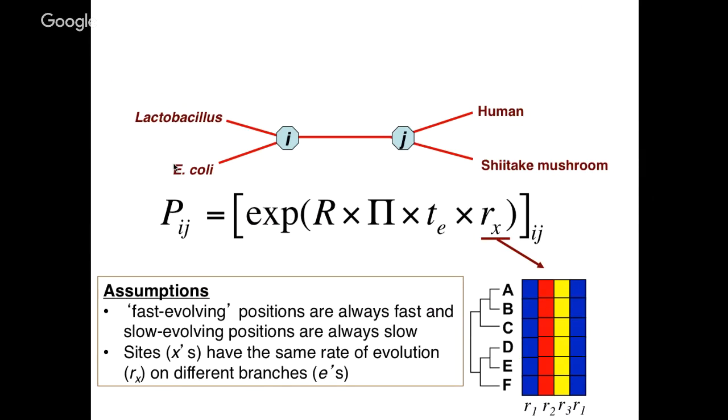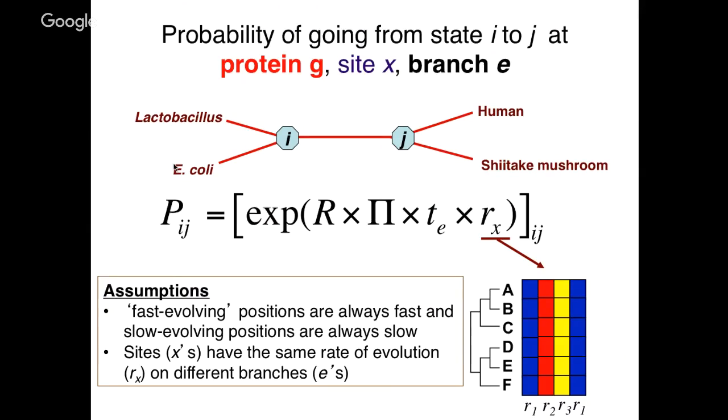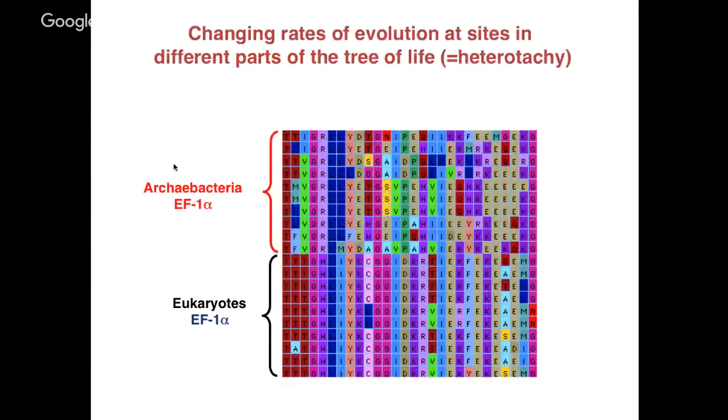Here's another assumption of these models: that the rate of evolution at a site is constant. So fast evolving sites are always fast, slow are always slow, and on different branches of the tree, a given site will have a given clock speed. This is actually demonstrably untrue as well, especially if you look at the deeper parts of the tree of life.